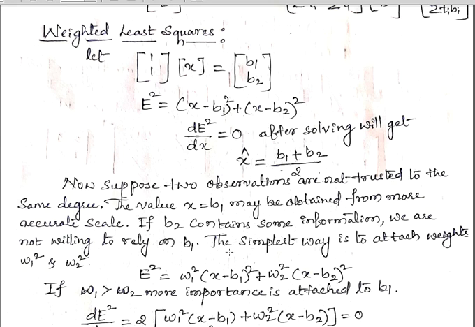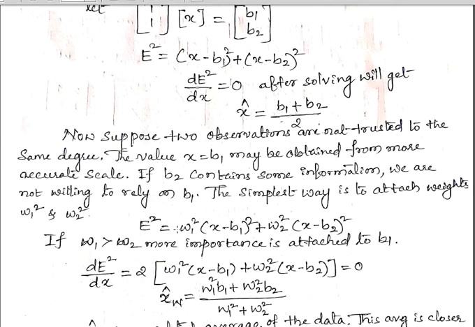And in those cases, the simplest way is to attach weights. Let's say W1 is the weight of b1 and W2 is the weight of b2. When we attach those, then this E square will become like this. If we think that W1 has more weight than W2, the importance is given to W1, meaning b1 first. There is more importance on b1.